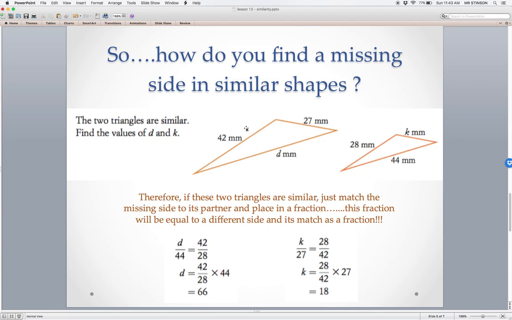So 28 over 42. And we would get K over 27 equals 28 over 42. Now again, to find K, simply multiply both sides by 27 to get rid of the denominator here. You'd simply be left with K equals 28 over 42 times 27, and it would equal 18.